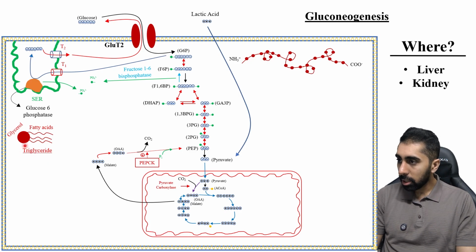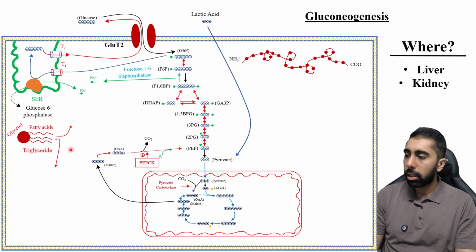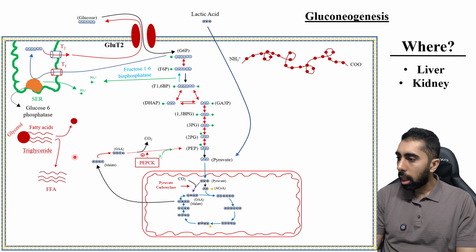Triglyceride can do gluconeogenesis for us. How? First and foremost, we should cut these fatty acids from glycerol. So we're doing this with a pathway that we call lipolysis.